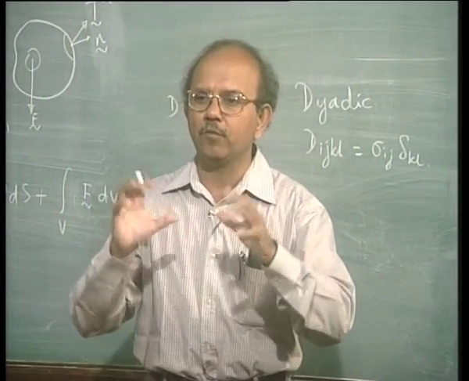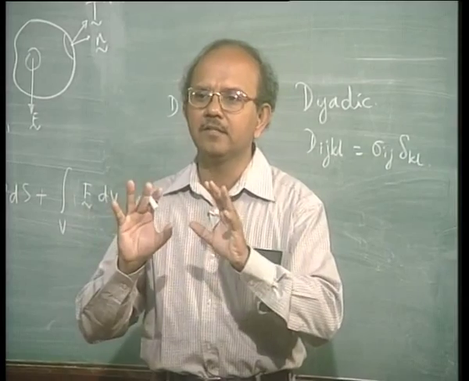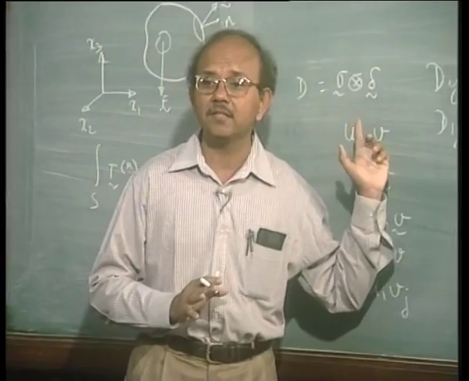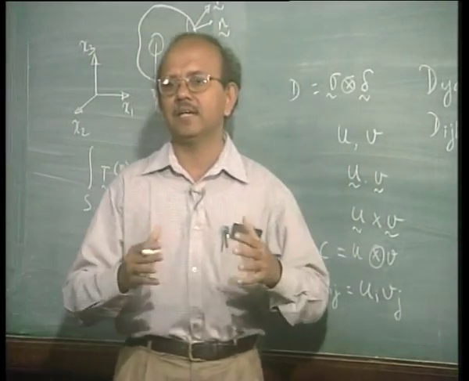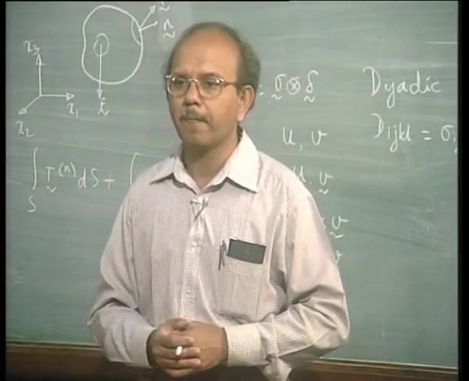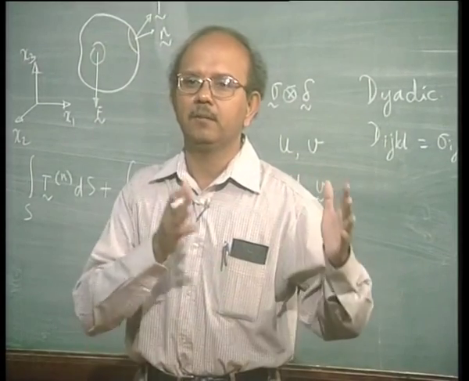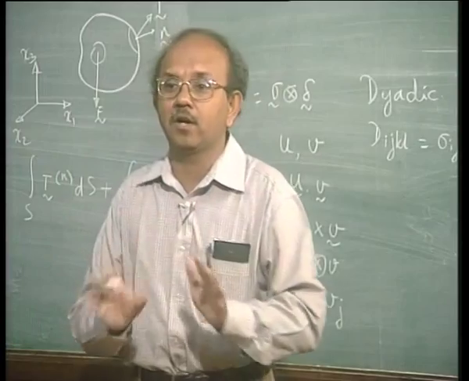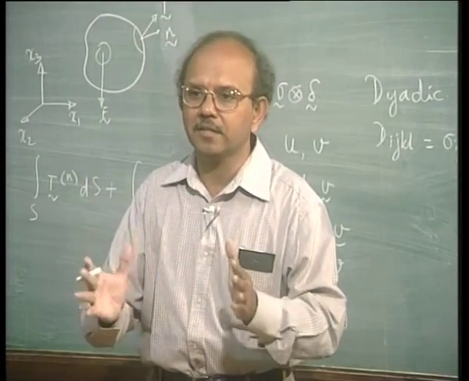You would have studied it in one fashion, but once I define the second order tensor as the one which characterizes my stress, then I can say that these are nothing but eigenvalues of this tensor. I need not go and study principal stress, principal strain and so on, as long as I say these are second order tensors.